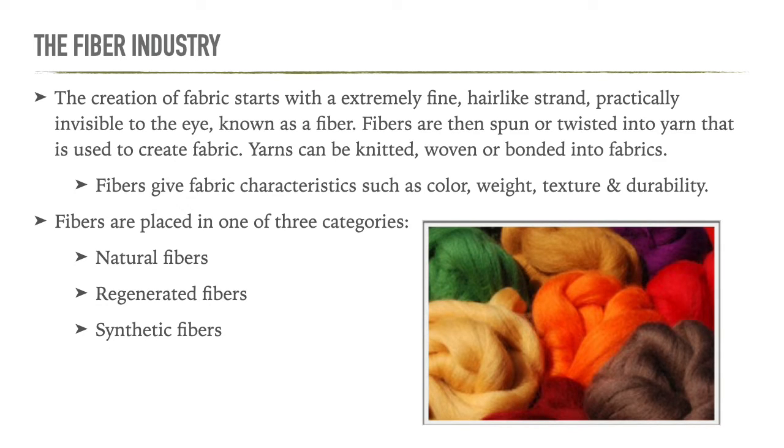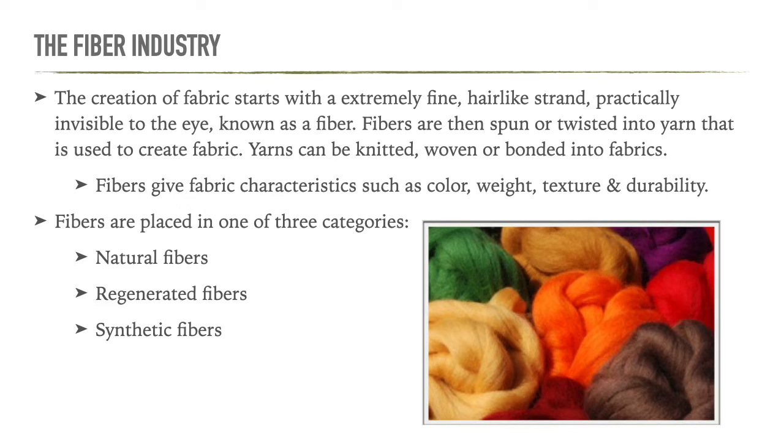Remember the lecture from chapter 1, how we compared a trench coat made of two different fabrics? In that example, we talked about how fabric choice can affect silhouette. Keep in mind that fibers give fabric characteristics such as color, weight, texture, and durability.